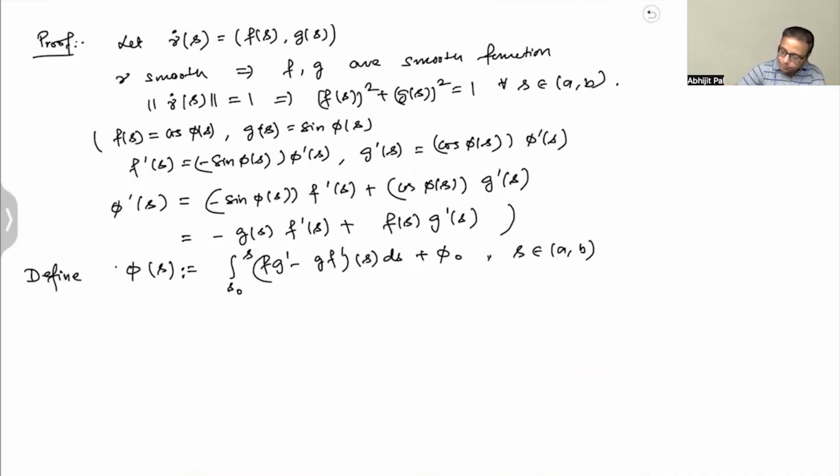Okay, so we know that f and g are smooth functions. So this will imply that phi is also a smooth function.